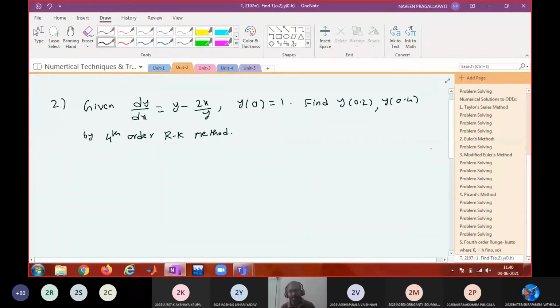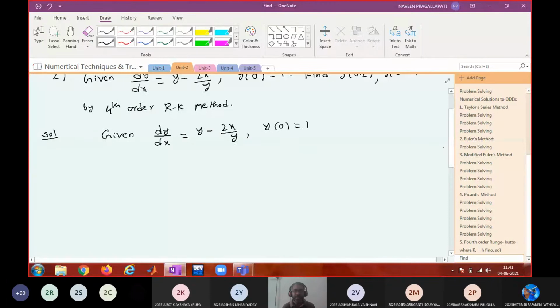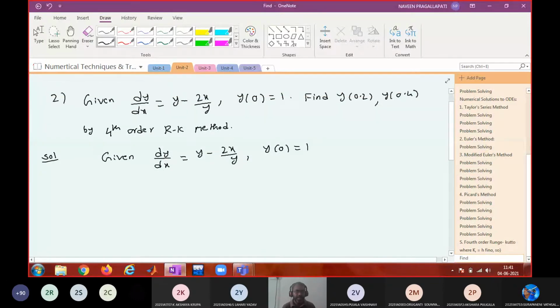Sometimes they may ask to find y of 0.6 also: y of 0.2, y of 0.4, y of 0.6. Okay, so we'll just find it for these two. So, given... always start the problem with whatever is given in the problem. So here, identify the function.